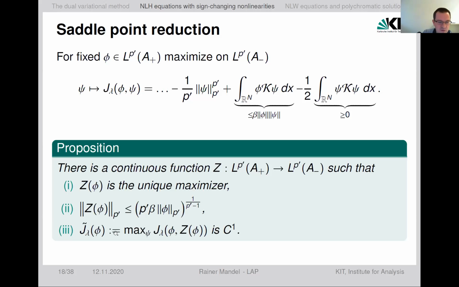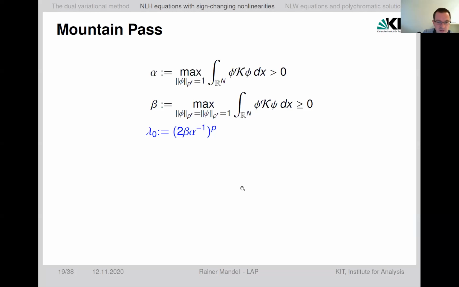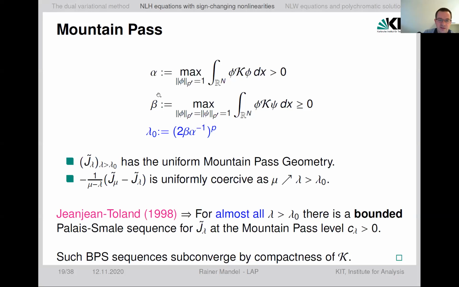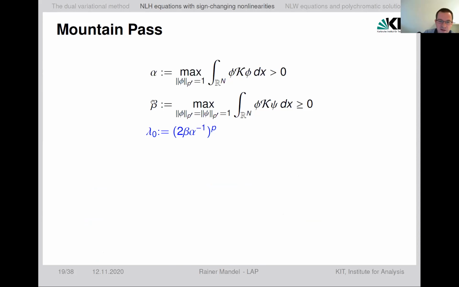So I just want to tell you that this has the mountain pass geometry for special data. So we define alpha, beta, and lambda 0 in that way. Just accept it. There's some lambda 0 that we can define in dependence of our Birman-Schwinger operator, and hence in dependence of the coefficient function.